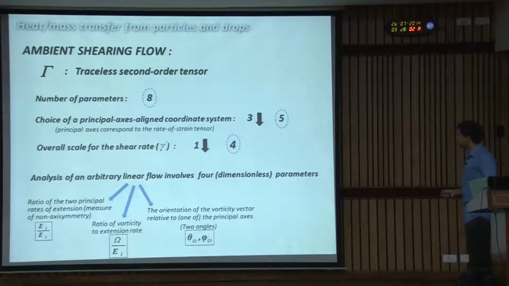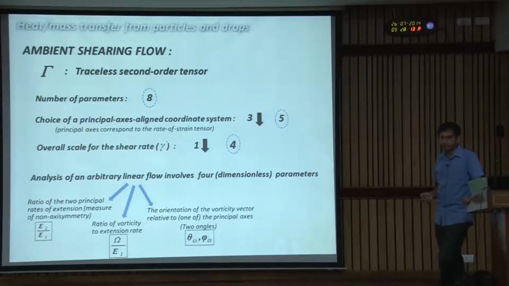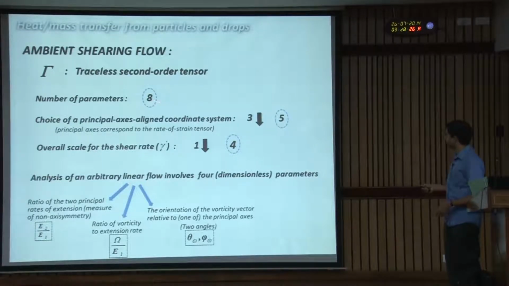But then I can divide this gamma into a symmetric and an antisymmetric part, and as many of you would know, the symmetric part is the rate of strain tensor, and since it's symmetric, it has 3 eigendirections. So I have the freedom of choosing my coordinate system along those principal axes, and so I reduce the parameters by 3.